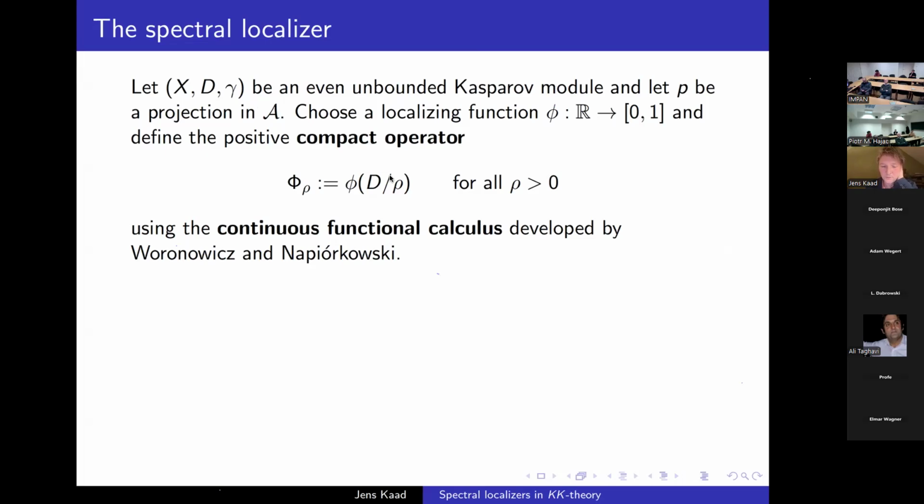Whenever I have a strictly positive number rho, I can divide my abstract Dirac operator by rho. So I rescale it. And then using continuous functional calculus, I can apply my localizing function to the abstract Dirac operator divided by rho. This continuous functional calculus was developed by Vodonovich and Napiorkovsky.